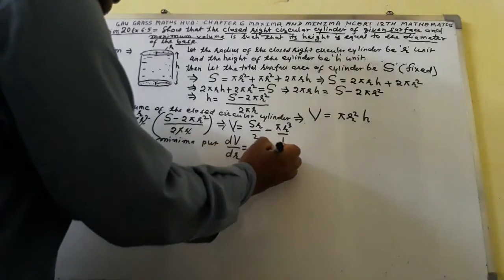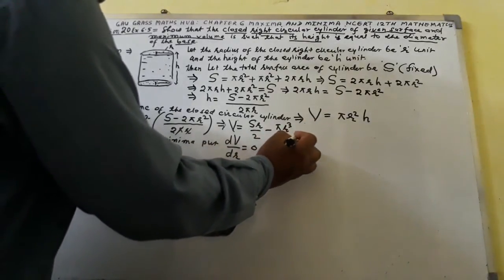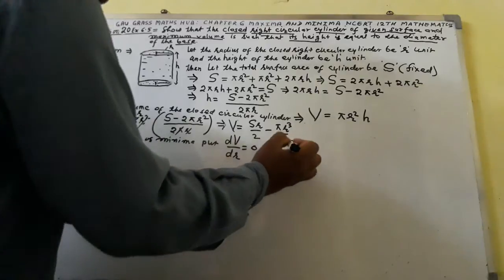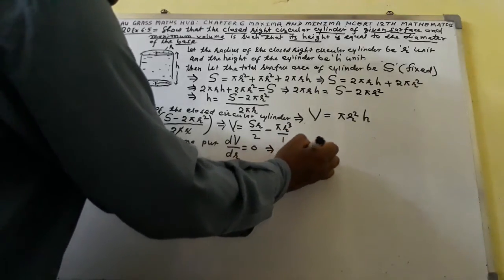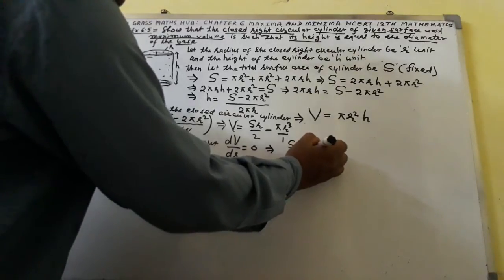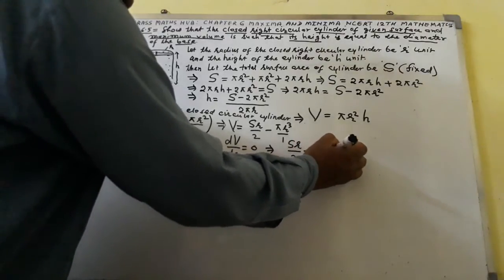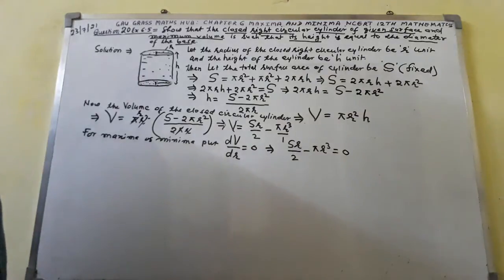So implied that SR over 2 minus pi r cube equal to 0. This thing we have got.